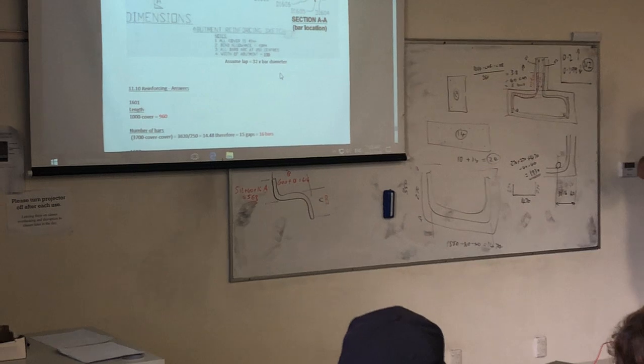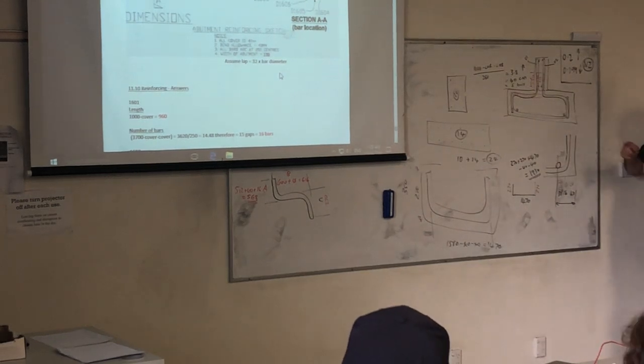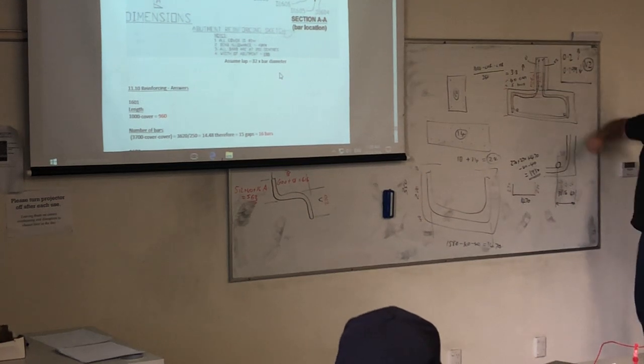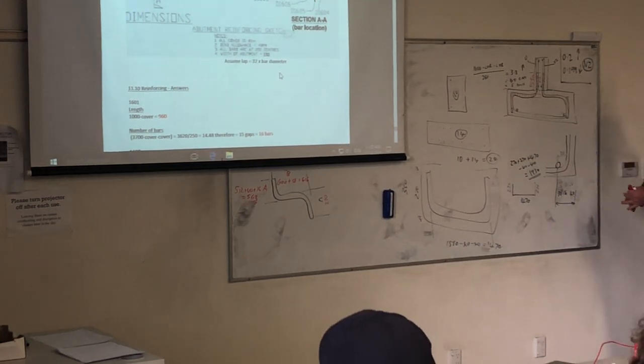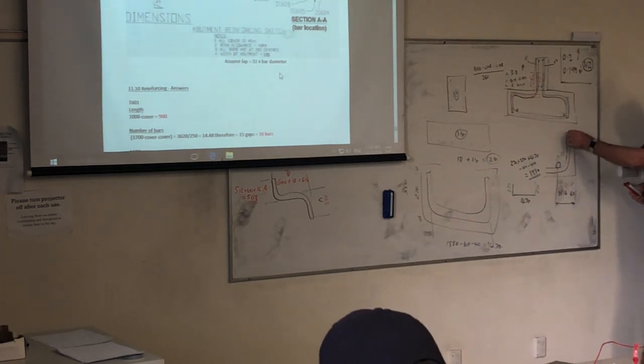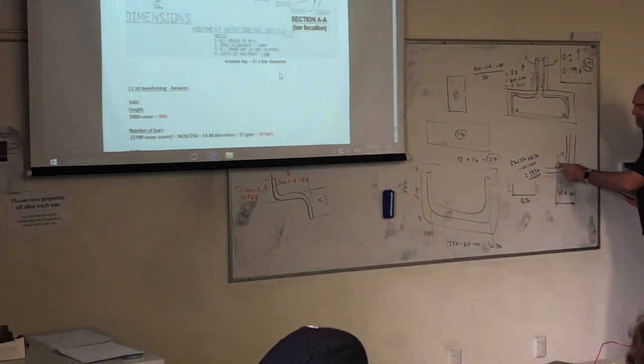So that's 2 things to be aware of. One, that this chap here, very good question. Always take the biggest bar for the lap. And this one here, it's all very well writing out 2 times the diameter and remembering all that, but it's this bar we're talking about, not that one.